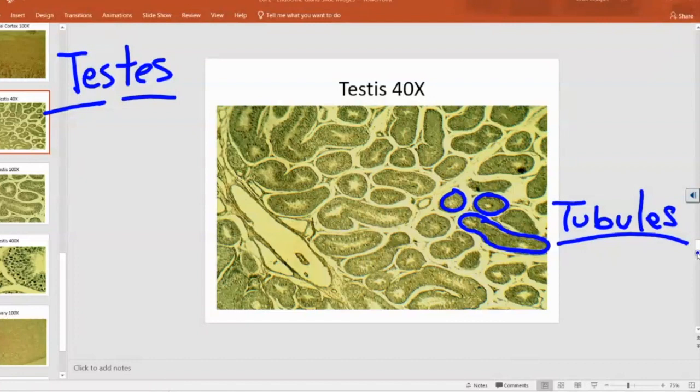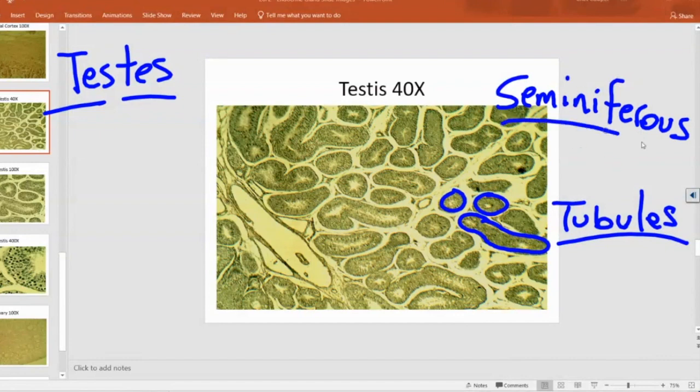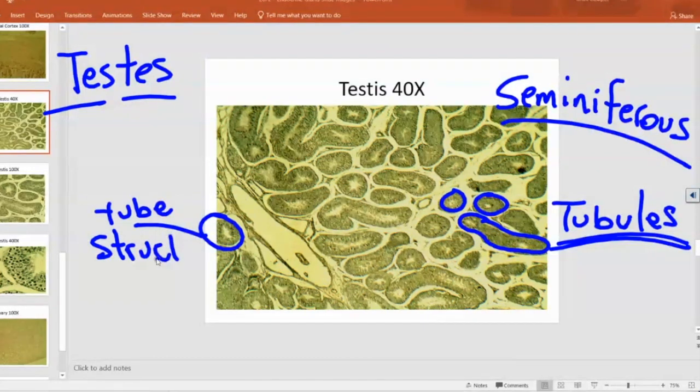They give them a very crazy big long name: seminiferous tubules. So anywhere on that, if I point to it and say, name that structure, that is a seminiferous tubule, okay? All of those, even the funny ones like this.